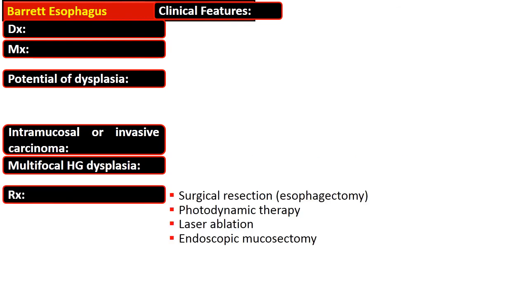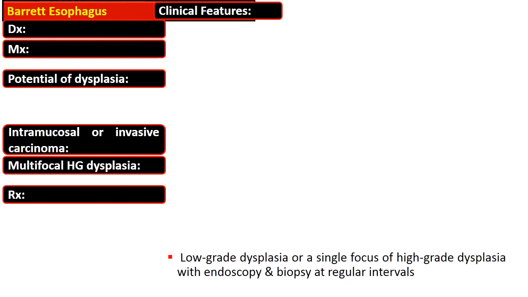The treatment modalities available for Barrett's esophagus are surgical resection, that is esophagectomy, photodynamic therapy, laser ablation, and endoscopic mucosectomy. Low-grade dysplasia or a single focus of high-grade dysplasia are treated with endoscopy and biopsy at regular intervals.